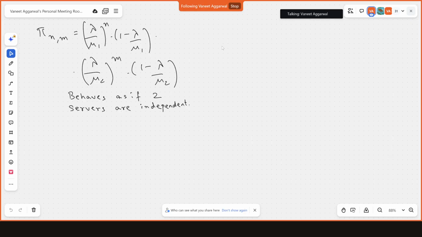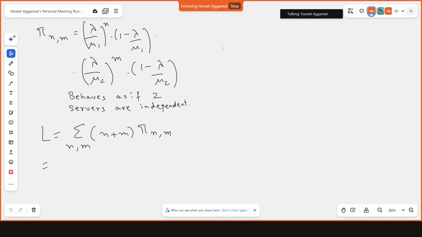So with that in mind, what is the average number of customers in the system? Any thoughts? How will we calculate the average number of customers in the system? Many approaches, you can basically do the summation of n plus m times pi n comma m over all n and m. Since this is a product, it will actually simplify.